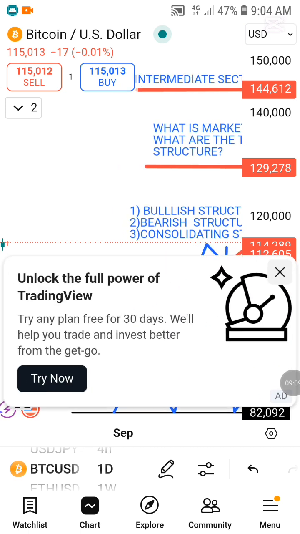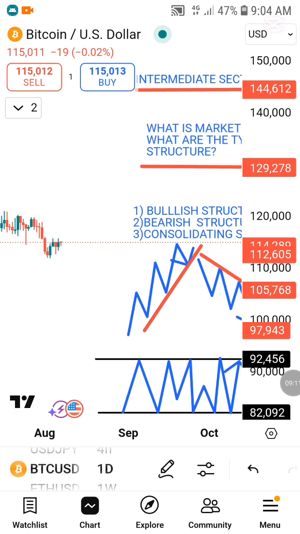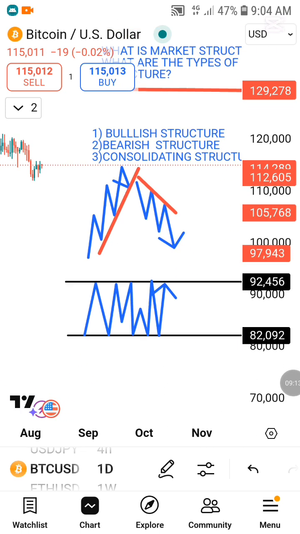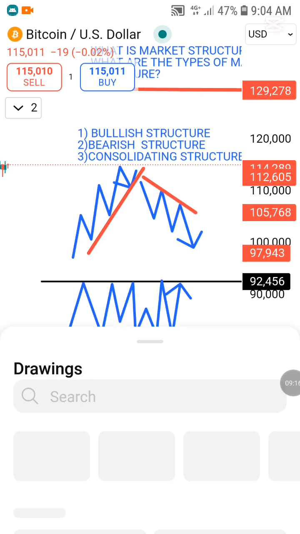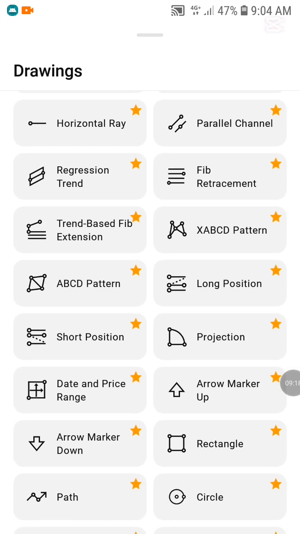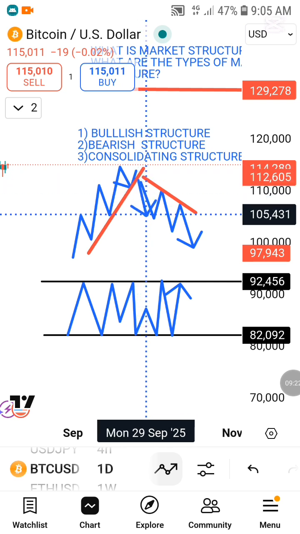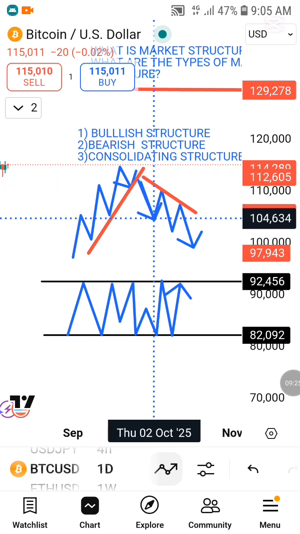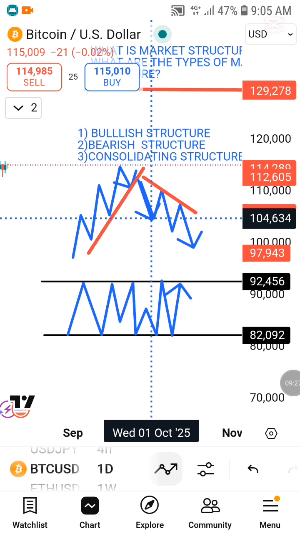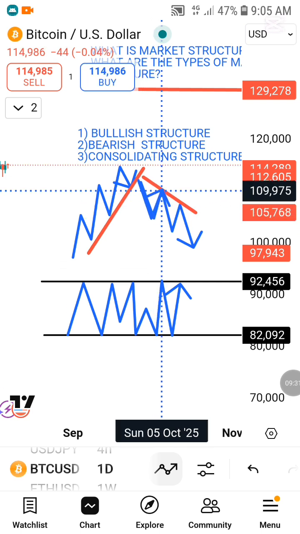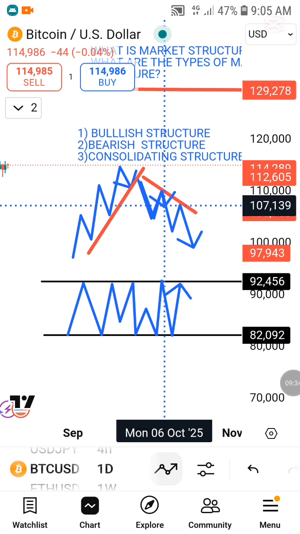So the same thing with bearish market structure. When you are trading on a bearish market structure, you use the same method to trade. Like now, the market drops down here and creates a low. At this point, you should not enter. Wait for the market to go up here. When the market goes up, you wait, it drops down.